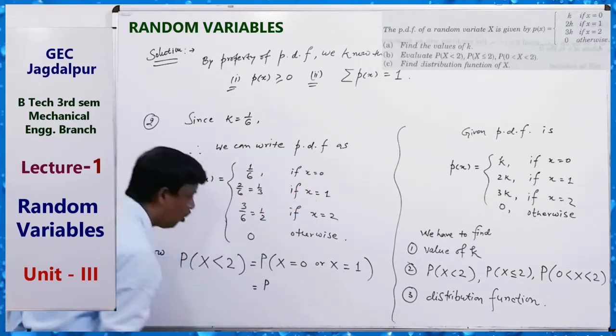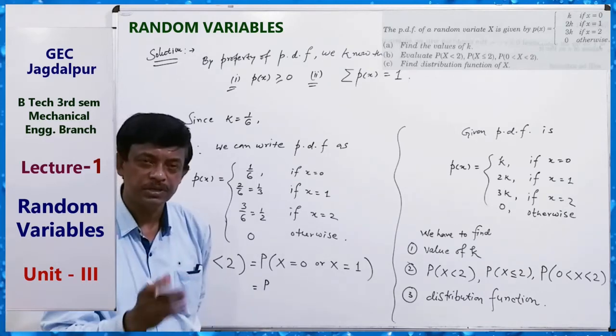This is written as 'or', and probability of this or this means a plus sign.